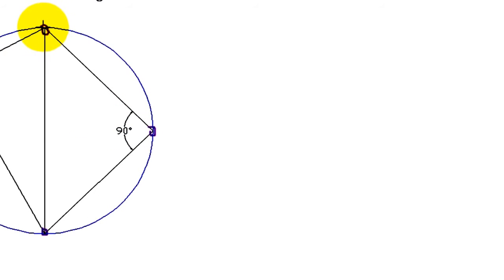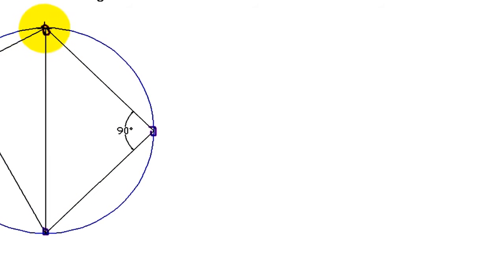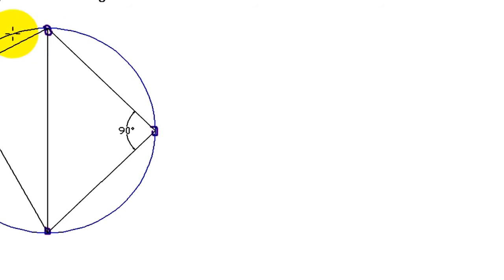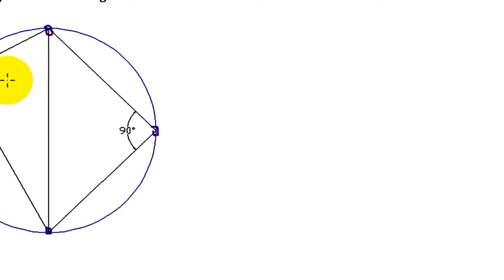This is also true, as you can see, even if you have drawn it with smaller arcs that subtend to smaller arcs, the angle will always be 90 degrees.